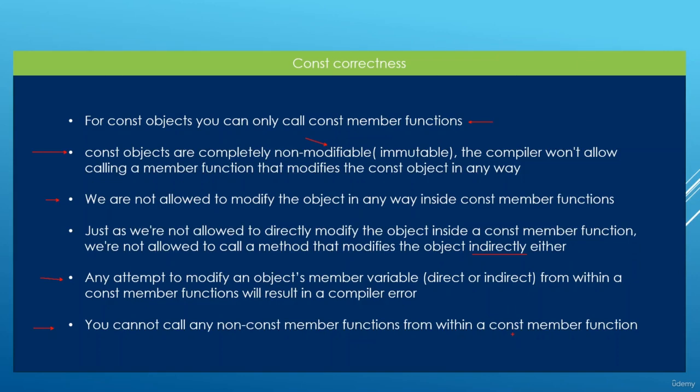Really what this says is that if you try in any way to modify an object from a const member function, you're going to get a compiler error. This is all put in place to make sure that the constness of const objects is preserved. The compiler is really going to do everything that is possible to protect the constness of your const objects.